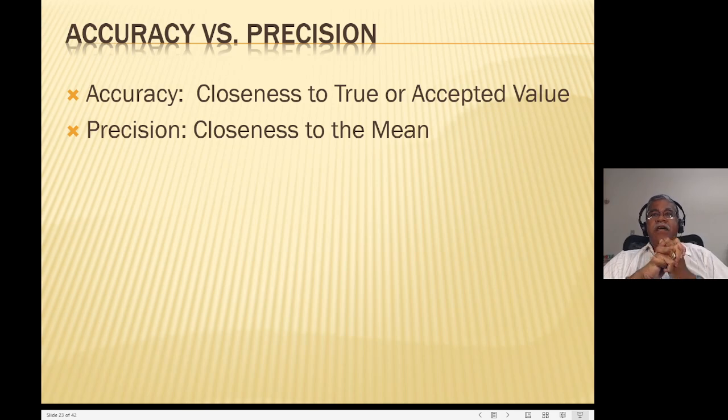Let's say that you have a target, and you throw a dart at the target. Let's say everybody has to stand at a particular line drawn on the floor, and you throw a dart at the target. And we know the target of the dartboard is bang in the middle.